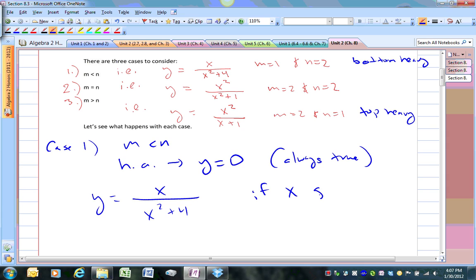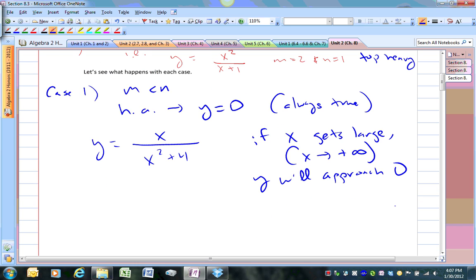If x gets large, meaning x is approaching positive infinity, y will approach 0. If you don't believe me, plug in numbers.